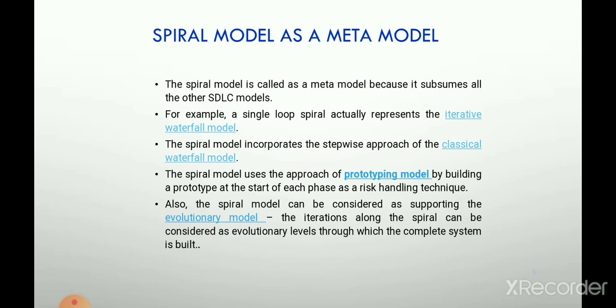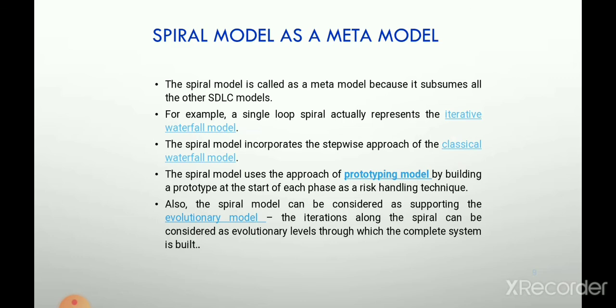Means the spiral model is known as a meta model because each loop represents the iterative waterfall model, and the stepwise approach of the classical waterfall model is also used. And in the second quadrant it builds the prototype, means it takes the features of the prototyping model, and in each loop it evaluates a new version of the software.